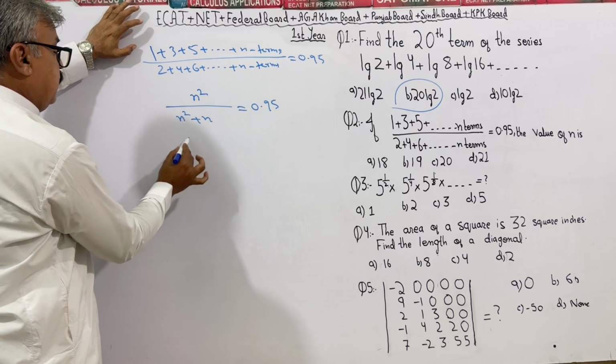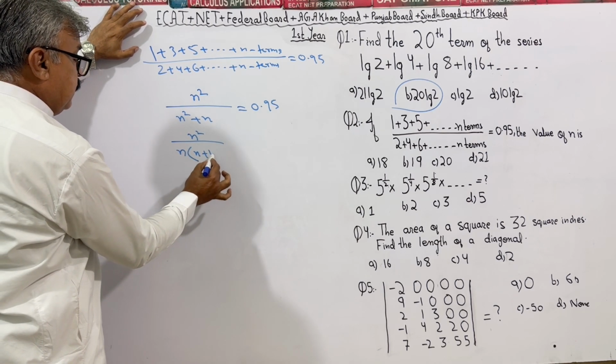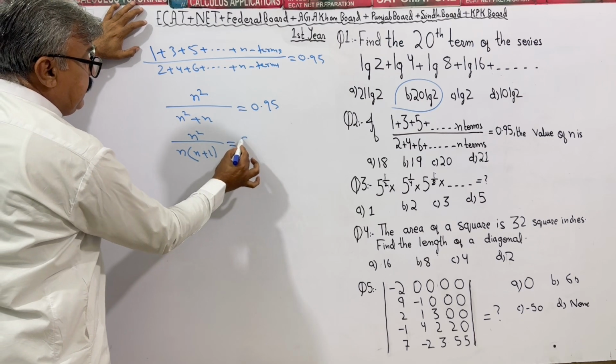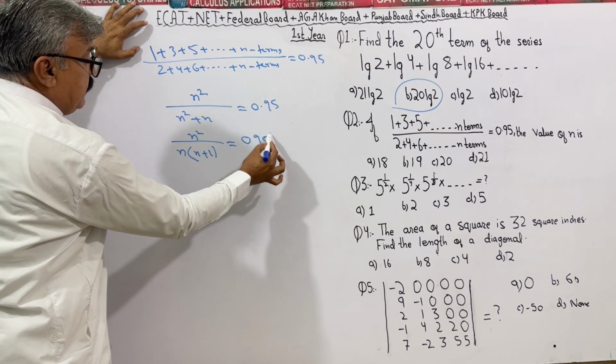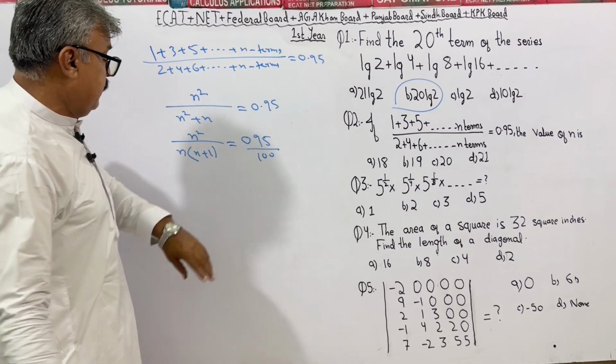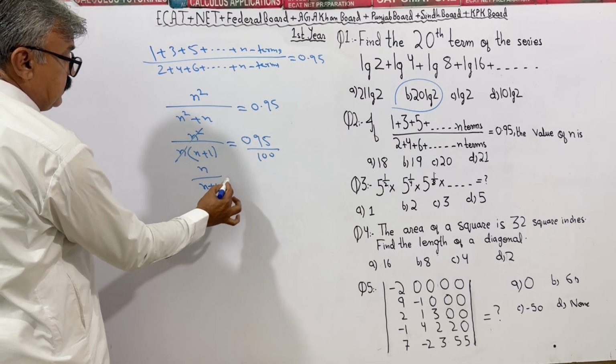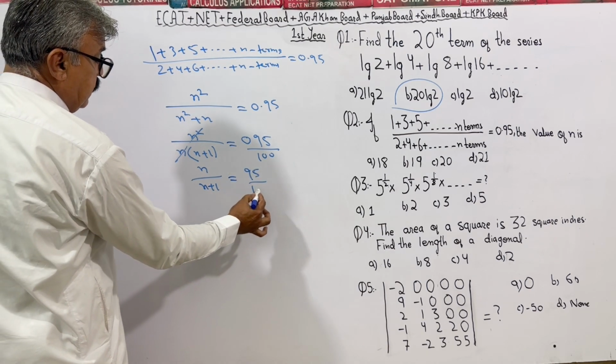It's really very cool. Taking n common from the denominator, we have n plus 1. Utilizing tiny arithmetic, 0.95 can be written as 95 over 100. The n cancels, so we have n over n plus 1 equals 95 over 100.